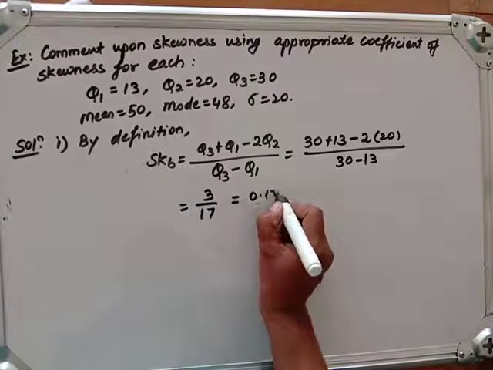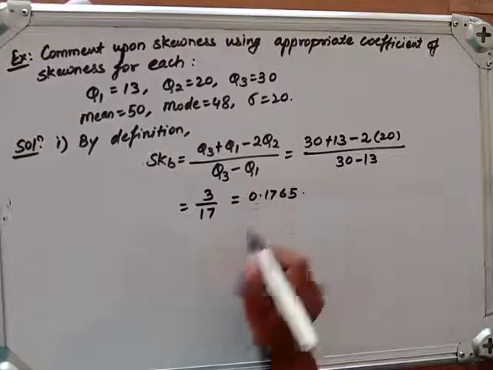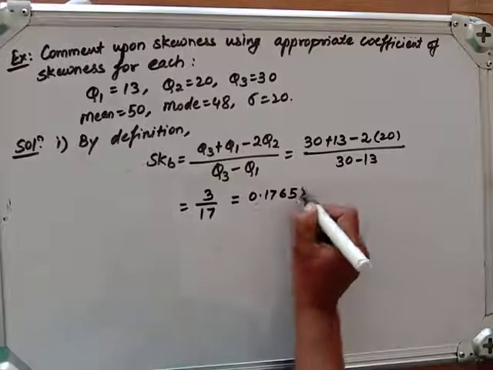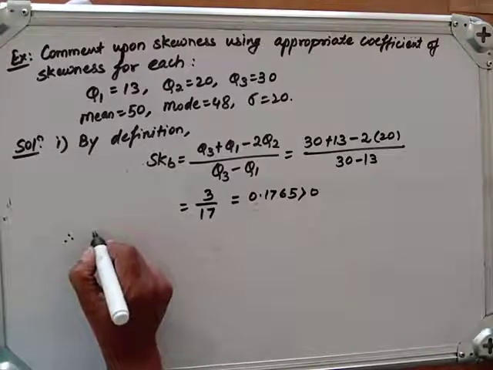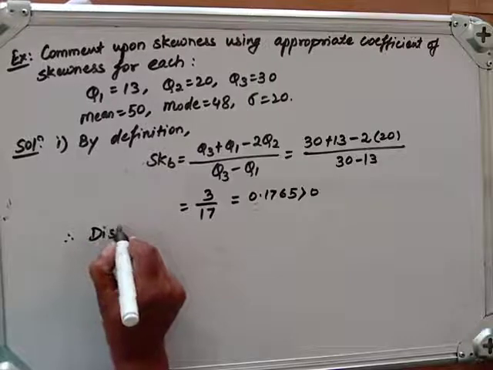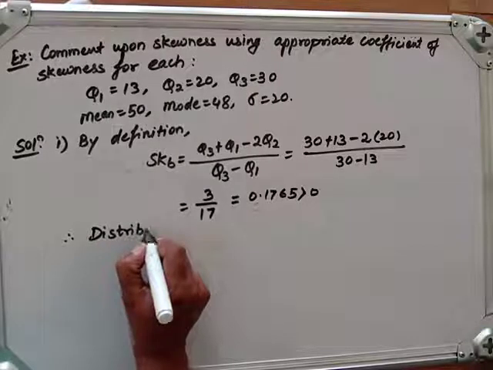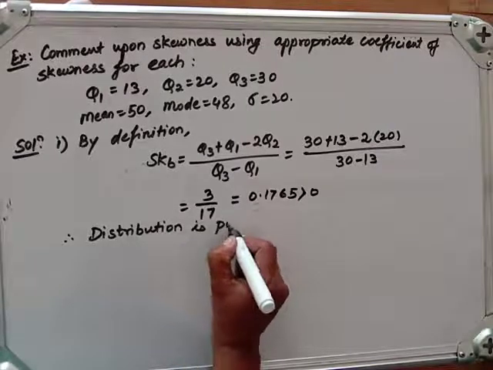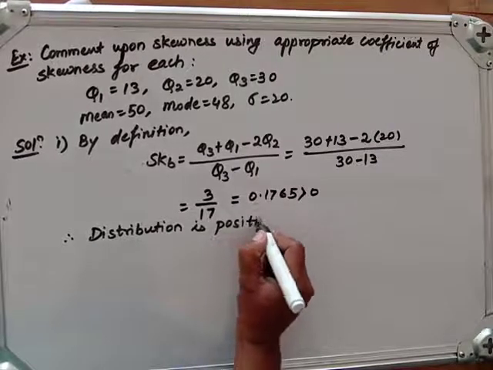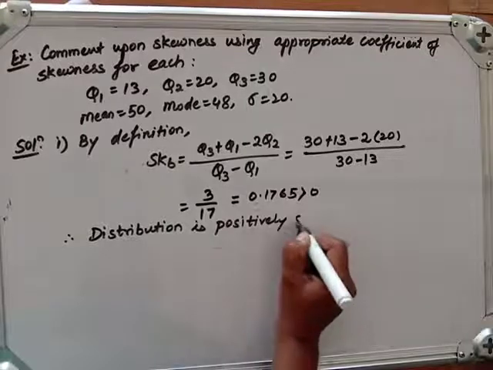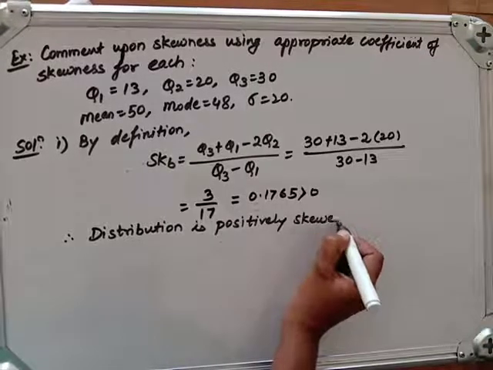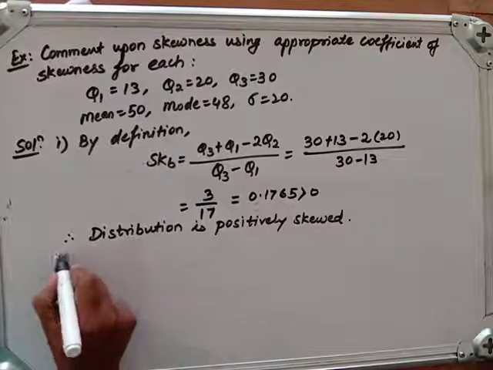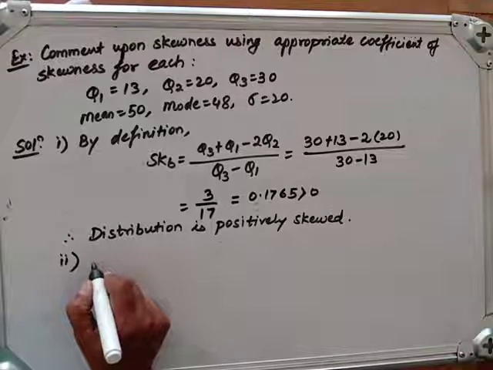So 0.1765. Fine. So it is positive. Therefore, the distribution is positively skewed. Now second part, let us find out for that one.